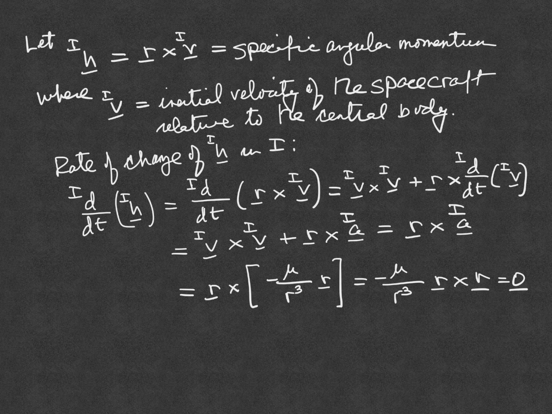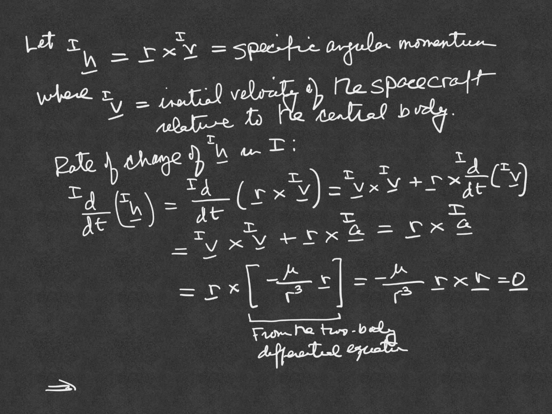And notice that this step right here is from the two-body differential equation. So we now know that d dt in I of HI is 0.